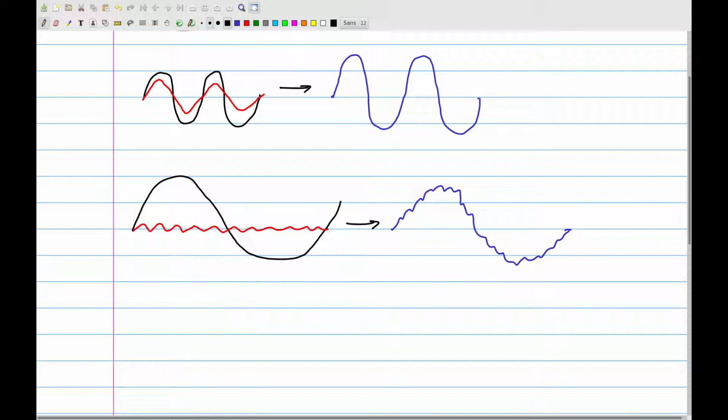So let's say you have a wave that starts off like this. Here's a fairly decent large size wave. And let's say it overlaps with another wave that happens to be going the opposite way. This one's going to be a little bit smaller though. So this one happens to be going always opposite what the black one is doing. So when the black one goes up, the red one goes down.